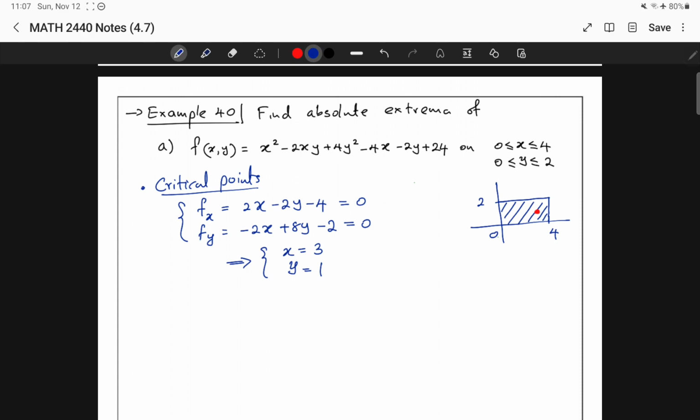That is a point that we are interested in. So let's find the function value at (3, 1). 3 comma 1 is the only critical point, and the function value at that point is, you plug x equals 3, y equals 1, you should get 17.